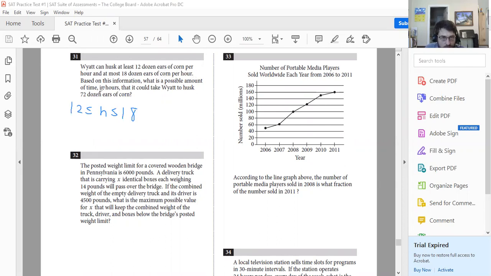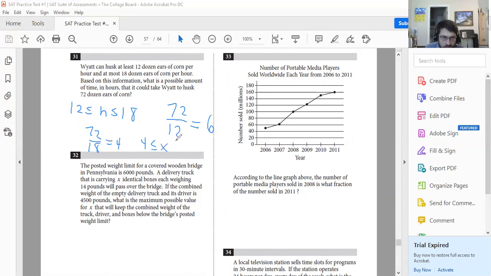What is the possible amount of time in hours that it could take Wyatt to husk 72 ears of corn? At least 12 means he can husk 12, so you could divide it by 12 and get 6. 72 divided by 18, I think, is 4. Yeah. So any number between 4 and, I left off a variable.